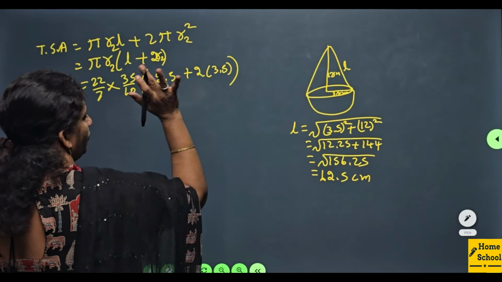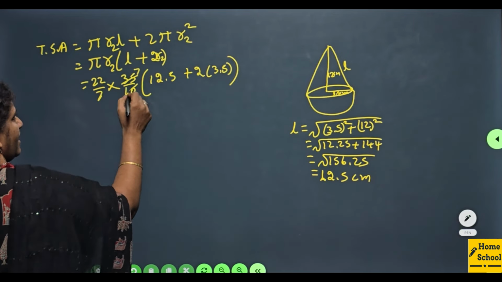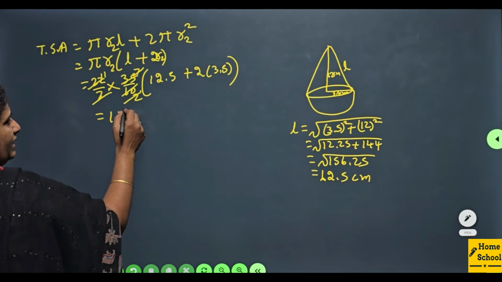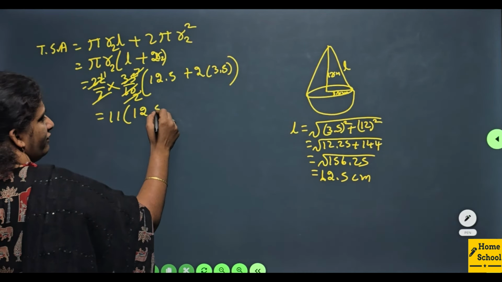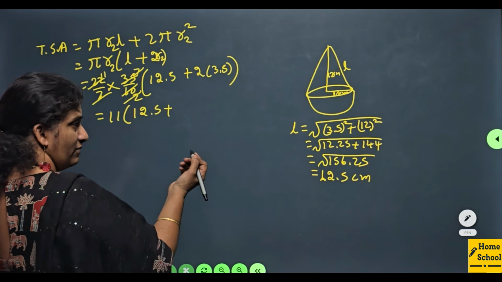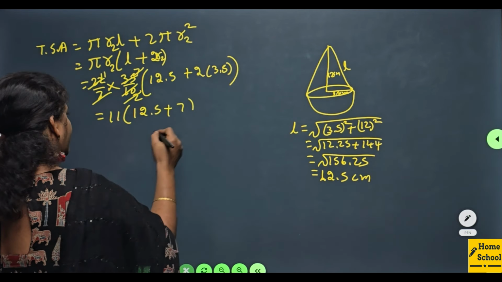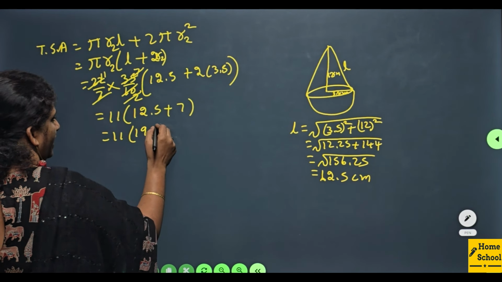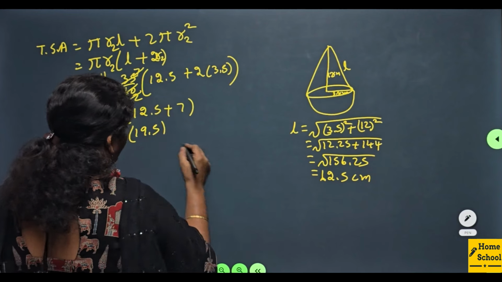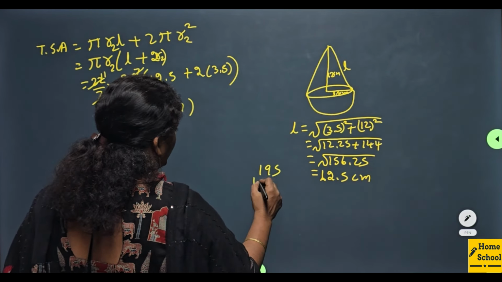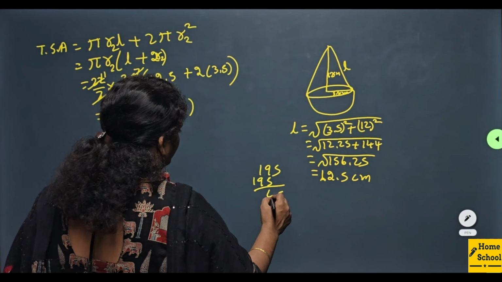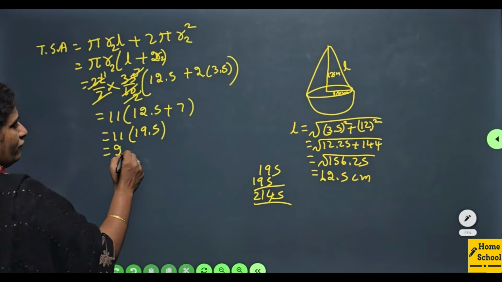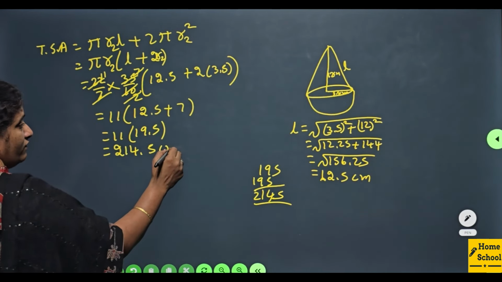Here I am taking 3.5 only. 5 7s are 35, 5 2s are 10, 7 7 cancel, 2 11s are 22, that will be 11 into 12.5 plus 3.5, 2s are 7.0, that will be 7. 11 into 12.5 plus 7 will be 19.5. 19.5 into 11, just do like this, what you are going to get? 214.5.